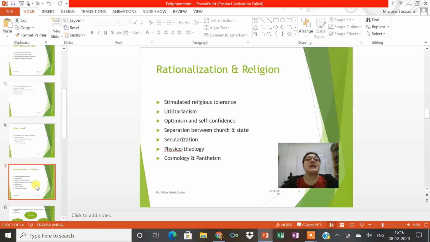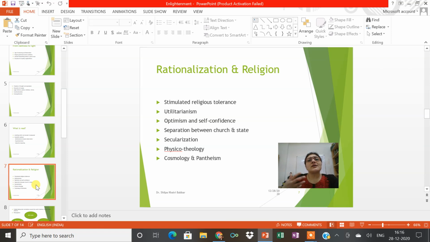Going further, Enlightenment talks about rationalization and religion, which brought about a shift from the mystical way to a concrete way of life. This stimulated a lot of religious tolerance, to the extent that the Enlightenment philosophers said there is no opinion worth burning your neighbor for.